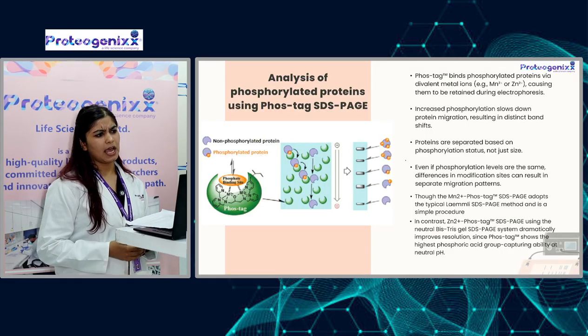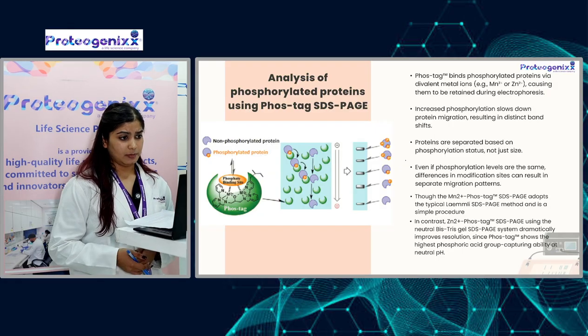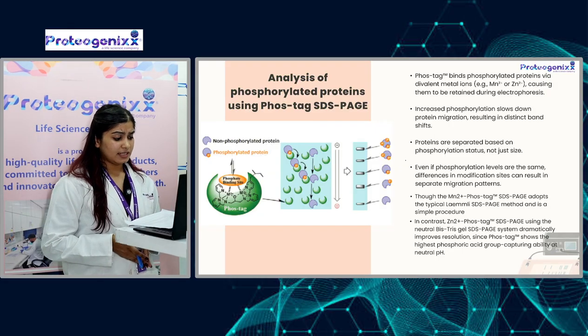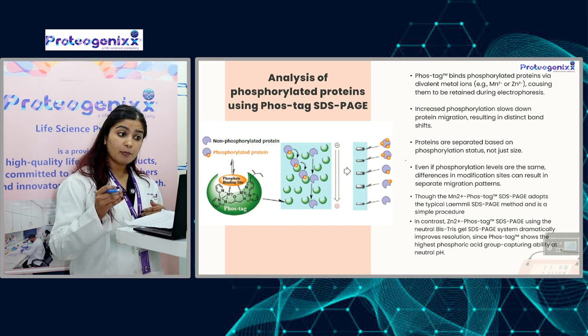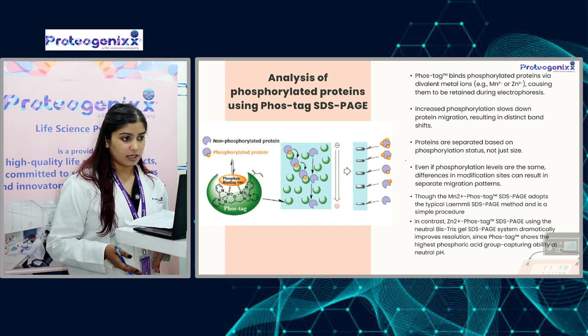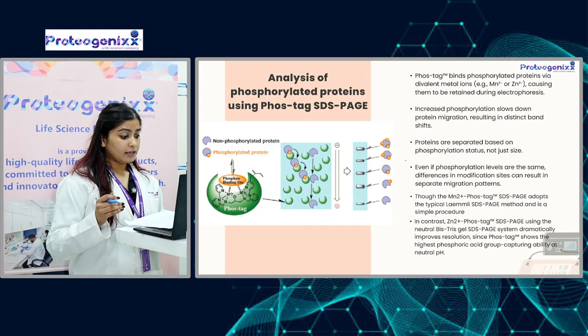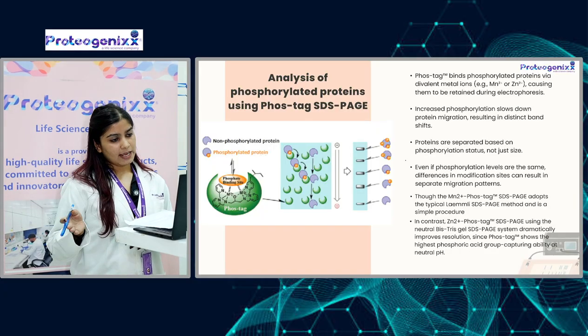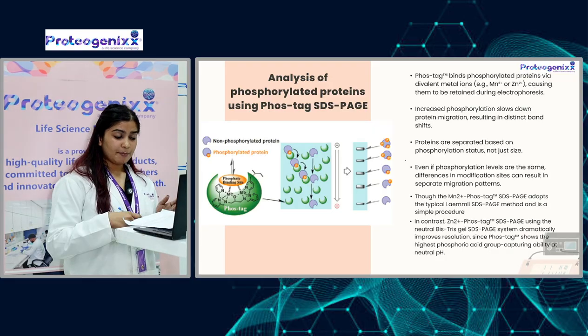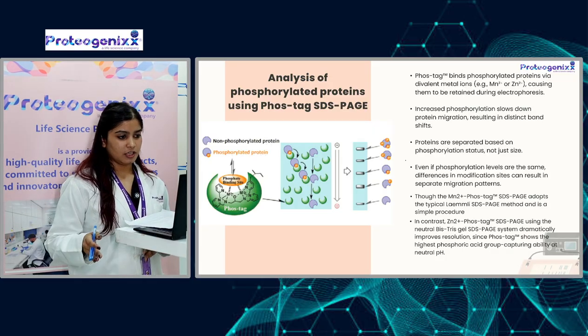So what is the principle behind Fostak SDS-PAGE? During Fostak SDS-PAGE, the reagent is incorporated into the polyacrylamide gel along with divalent metal ions like manganese or zinc ions. After the gel has been polymerized, the samples are loaded and electrophoresis is initiated.